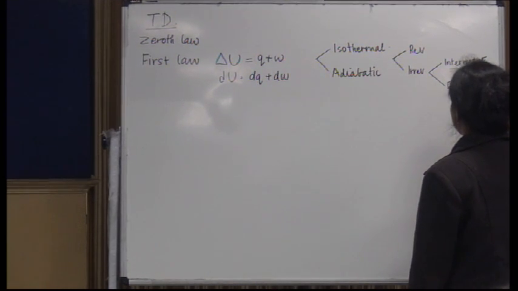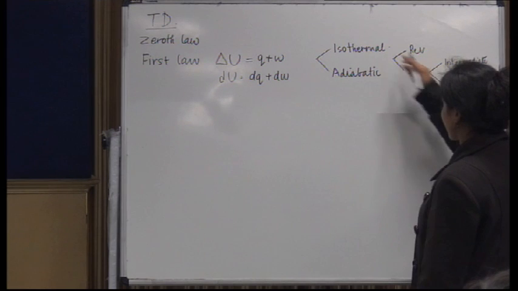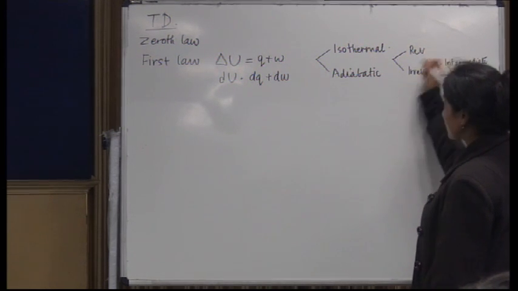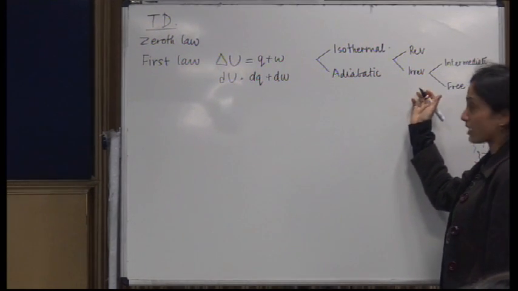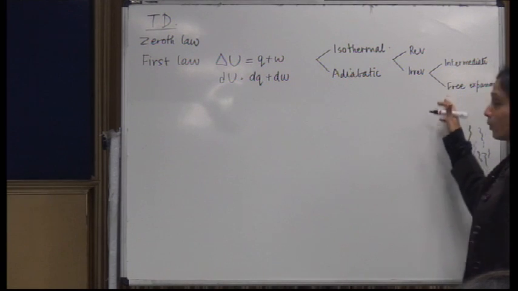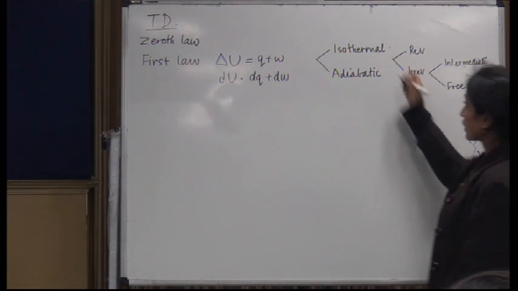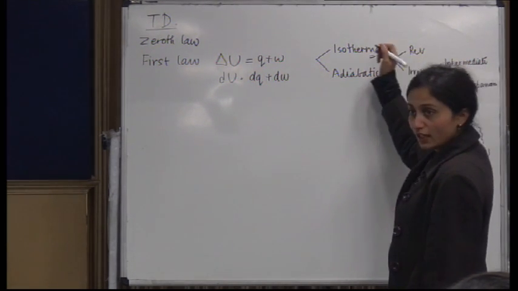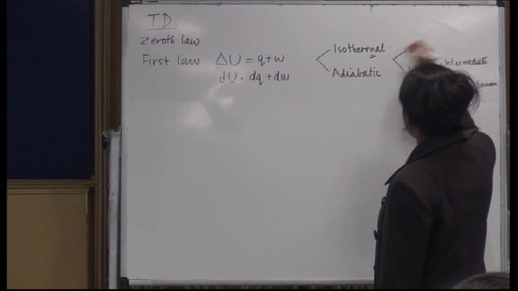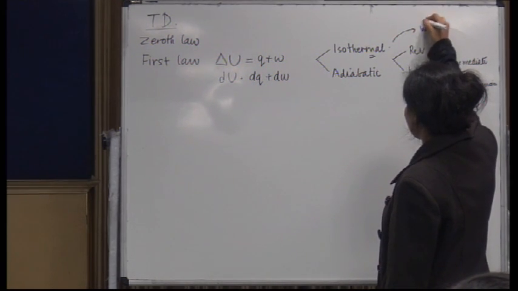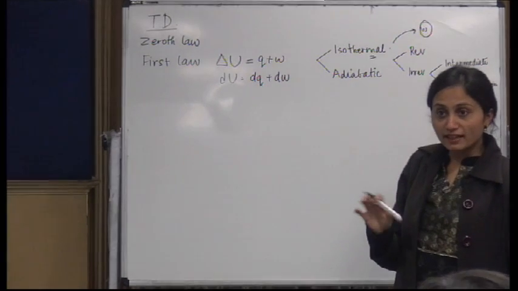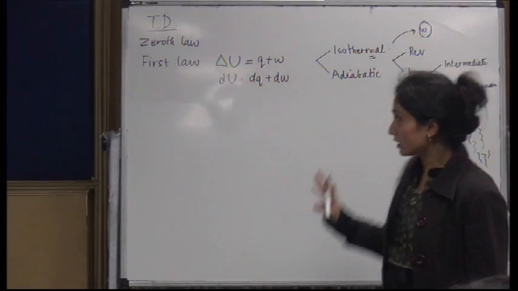When we talk about the reversible expansion or the irreversible expansion, in irreversible expansion we have these three types. For the isothermal it was easy because the only thing that you had to remember was the work done expression.